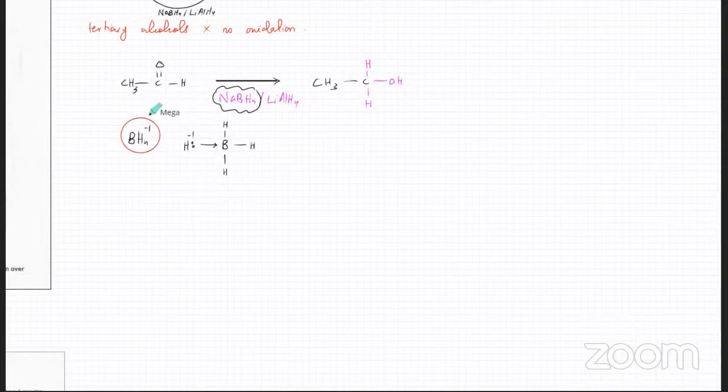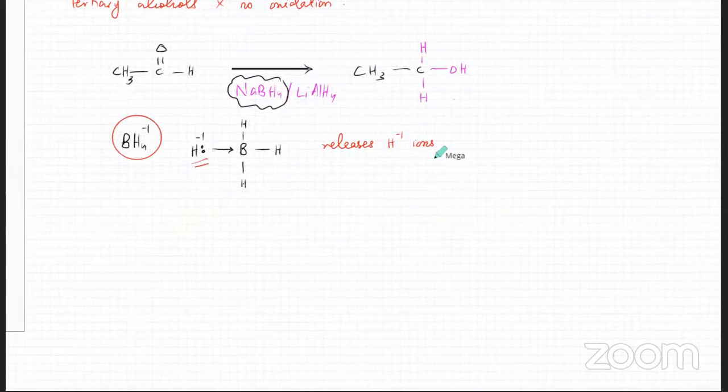Now this BH4 minus 1 ion is your source for H minus 1 ions. So it produces H minus 1 ions. What happens to those H minus 1 ions? Remember, you had an aldehyde. You had the C=O bond, and you had H. This carbon is partial positive. So just like nucleophilic addition, the H minus 1 is a nucleophile.